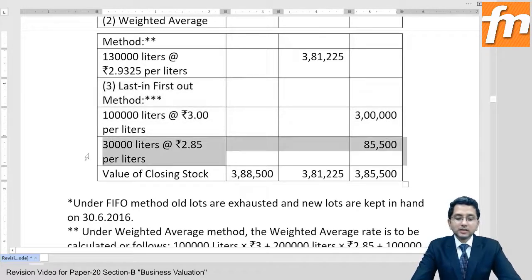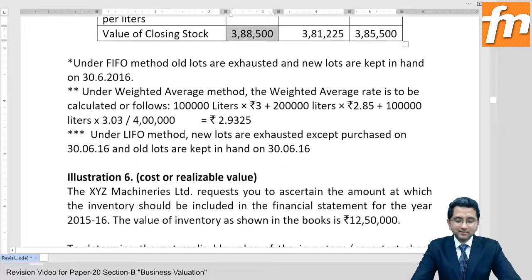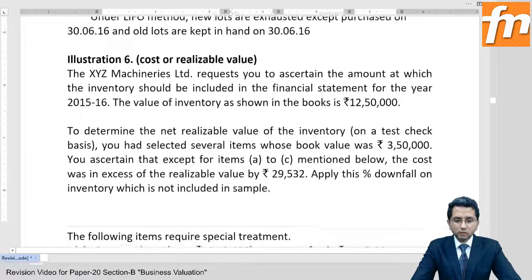And 30,000 units at 2.85, that is 85,500. Total 385,500. This is LIFO valuation. 381,225 is the weighted average valuation. And 388,500 is the FIFO valuation. Right? Easy question.